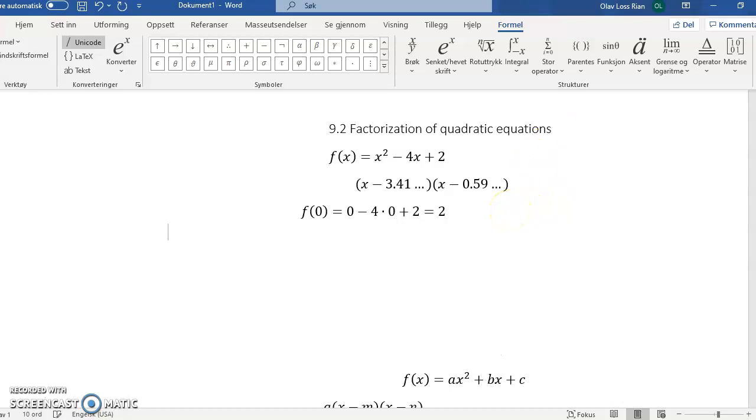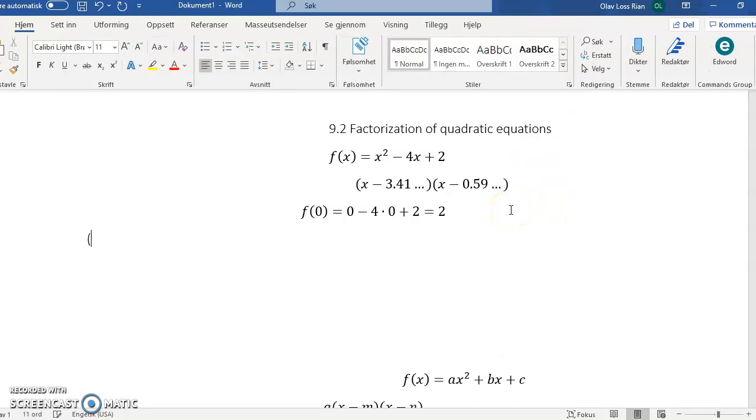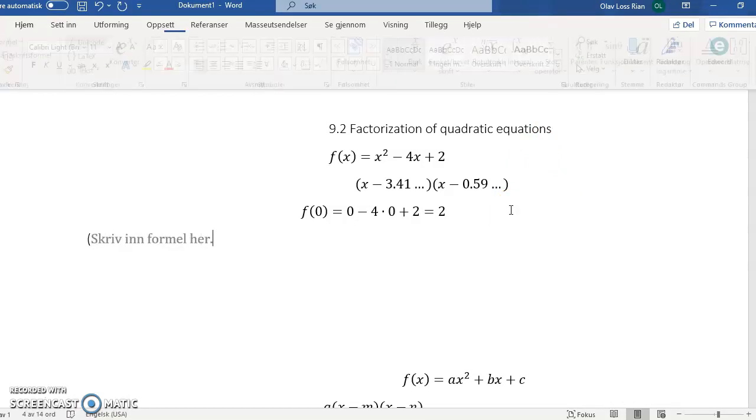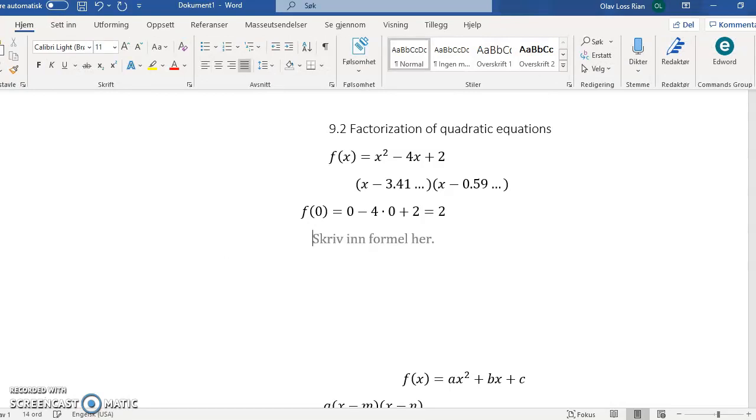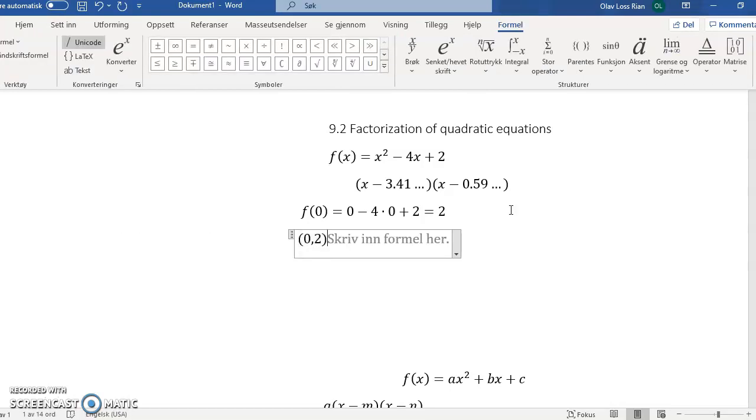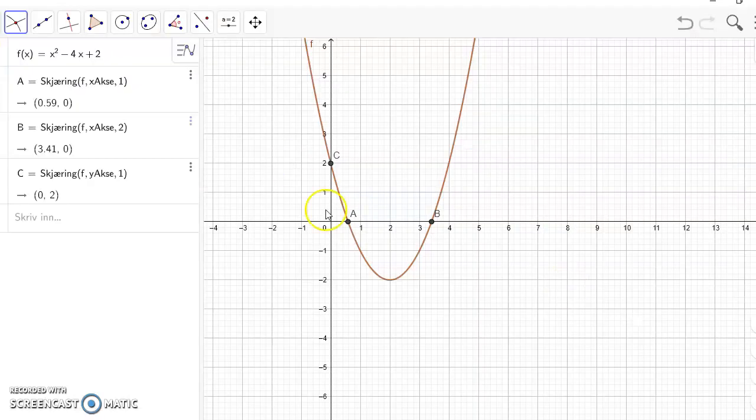And that gives us a point that we can find in our coordinate grid, and that point is going to be (0, 2). And you can see that point here, (0, 2).